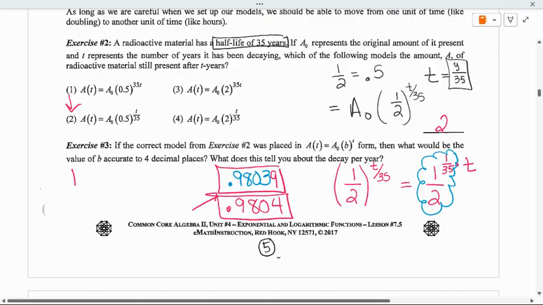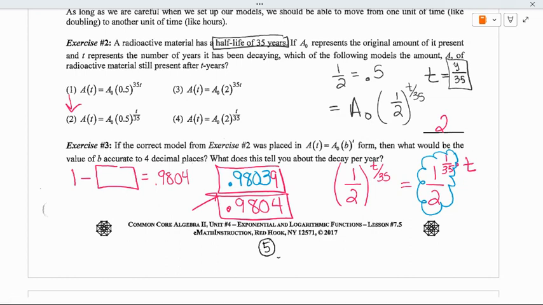So remember that this is 1 minus some value equals the 0.9804. So what is the percent that it's actually decaying? What is its percent of decay? Well, work backwards. Take 1 minus 0.9804.